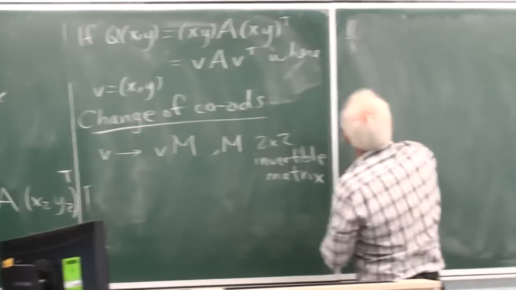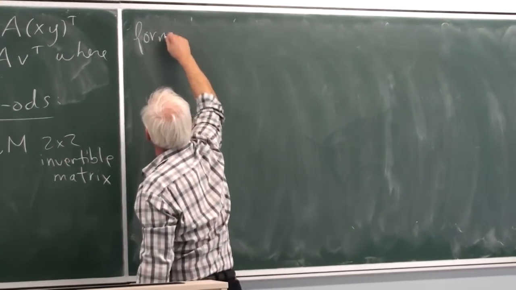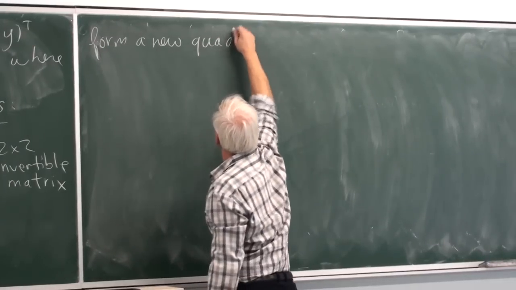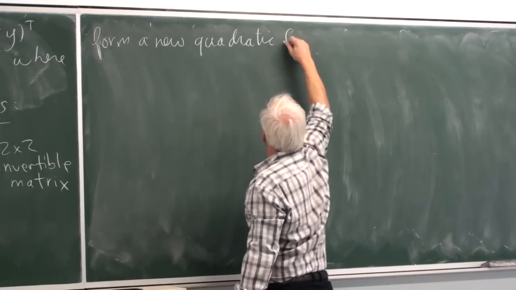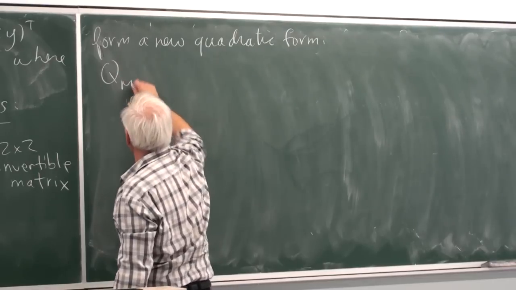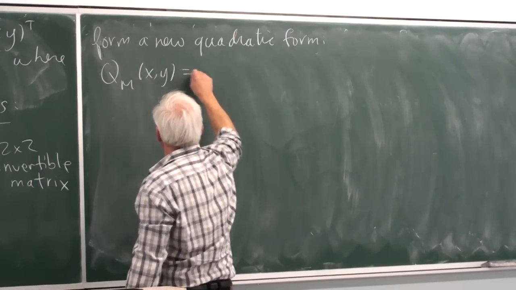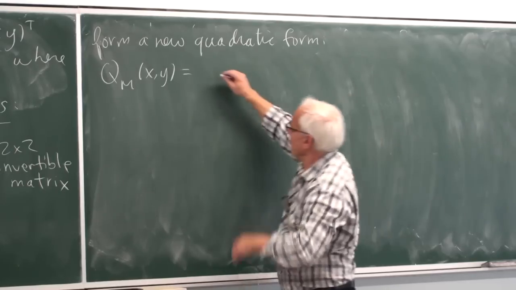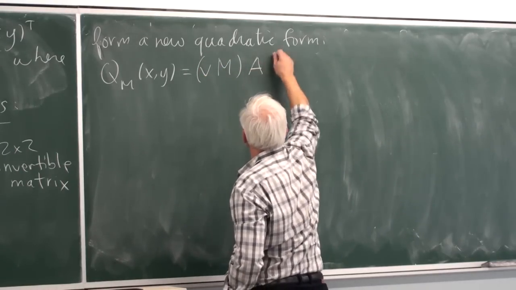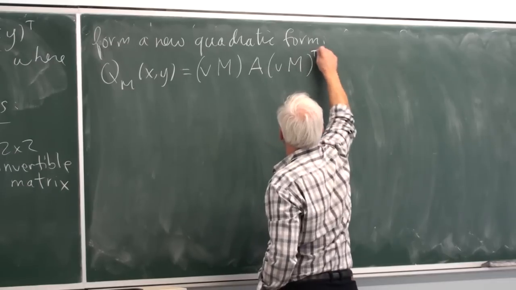So we can form then a new quadratic form, say Q sub M, whose value at (x, y) is just V M A V M transpose.